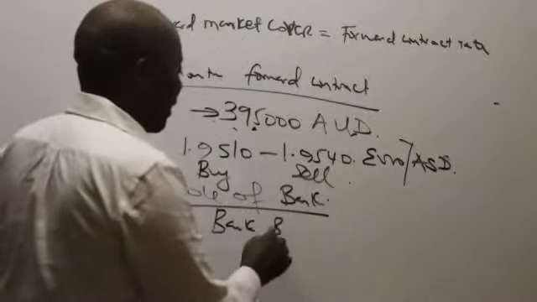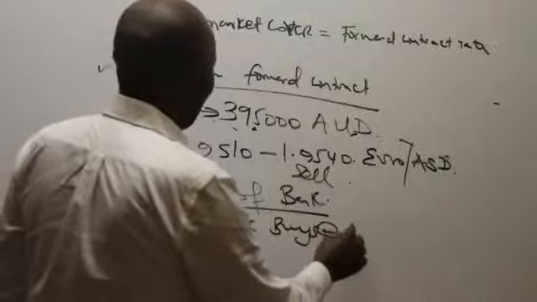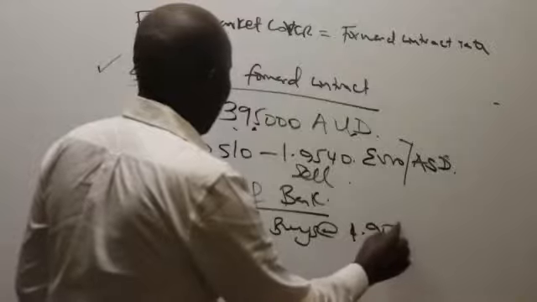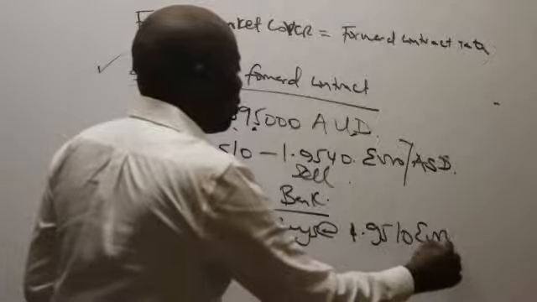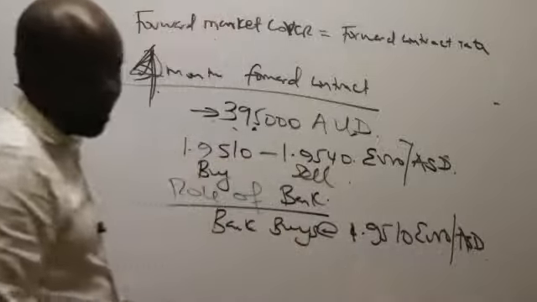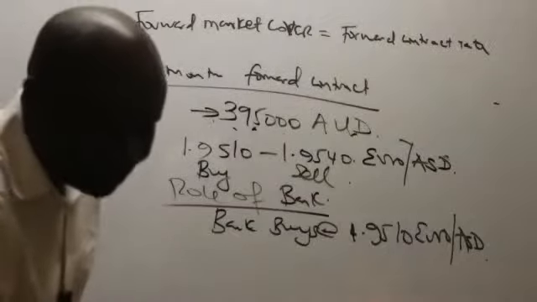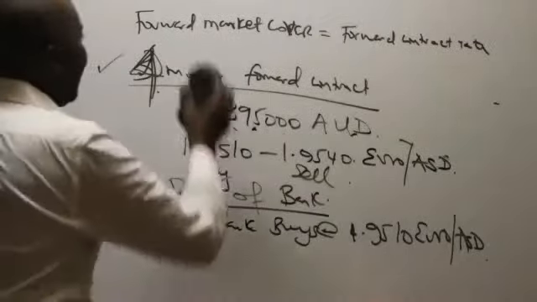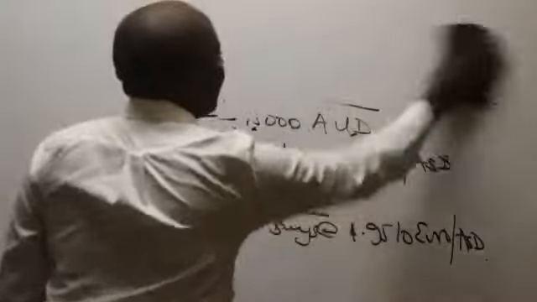So the bank buys at what rate? At 1.9510 euro per AUD. So please go ahead and exchange for us. Go ahead and exchange for us.